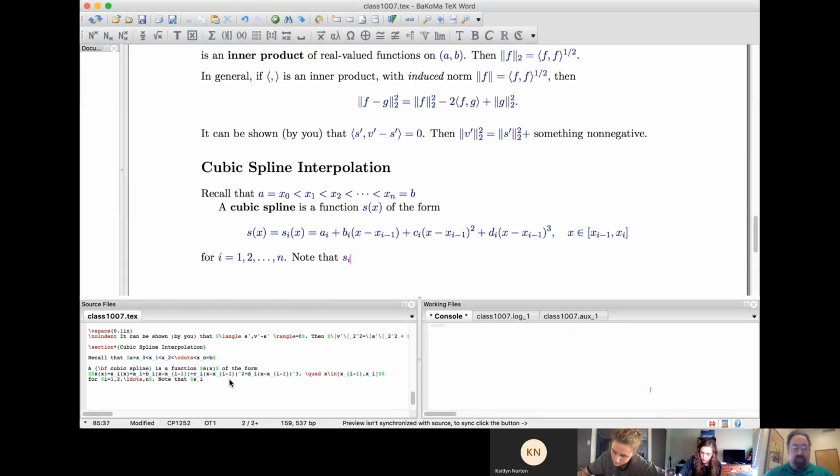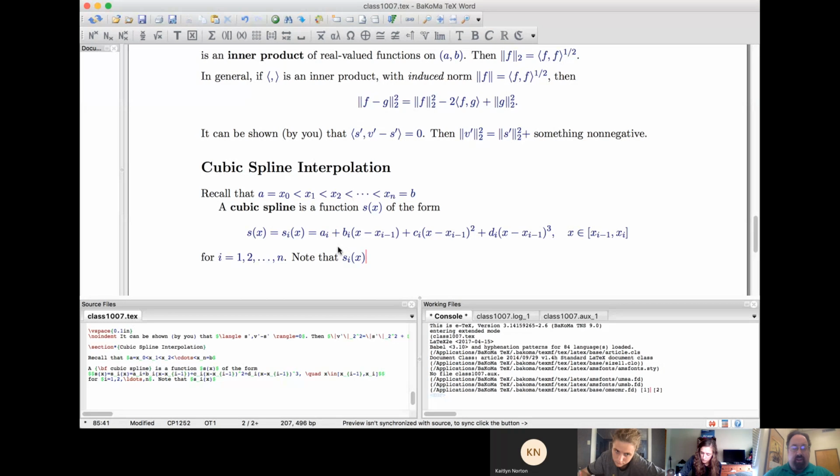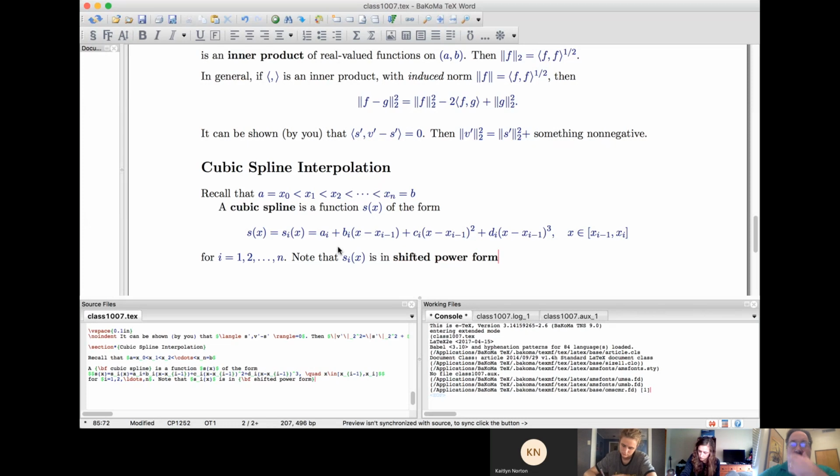The way that each piece of a spline is defined, the way it's written, is called shifted power form. Now we've seen power form where you just have coefficient times x plus coefficient times x squared and so forth. But here, instead of powers of x, it's powers of x minus something.